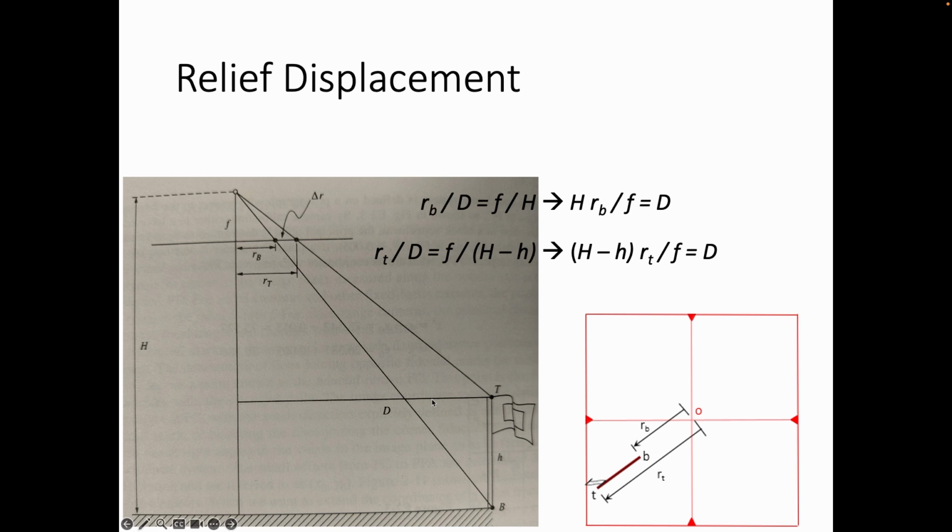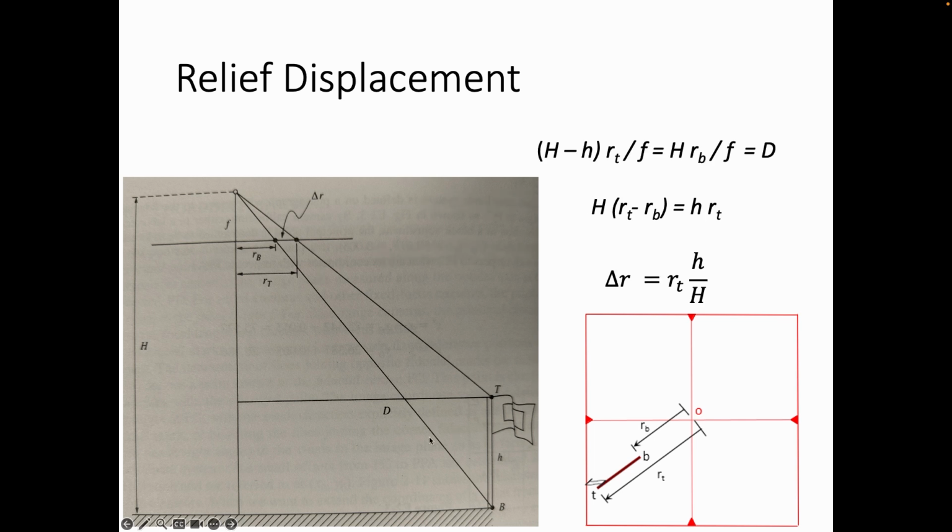So this D here, here's our camera focal point or perspective center. Here's our focal plane. This line here is our focal plane. Here RB is that distance in the focal plane. It's this distance here in the image from the origin of the image to the base of the object. There's that line going from the perspective center to the base of the object. And so that's the projection of that base right there.